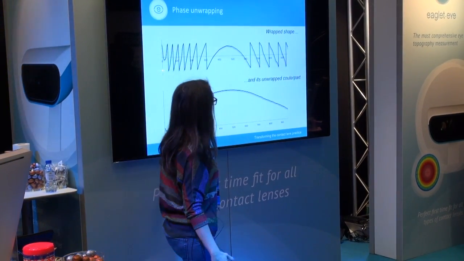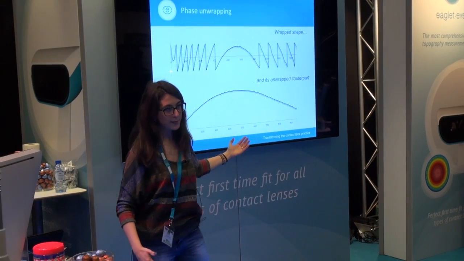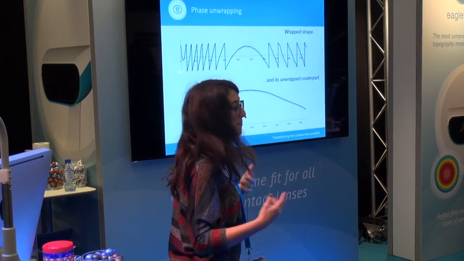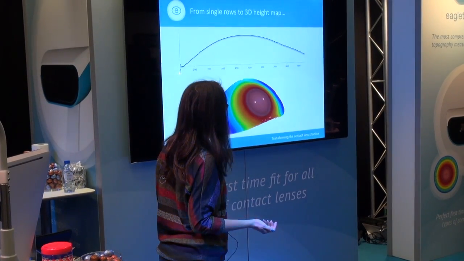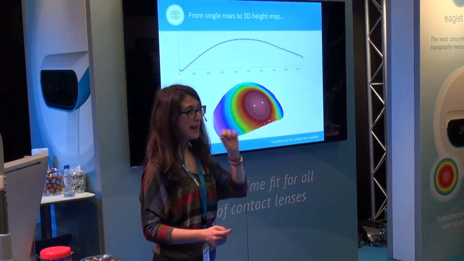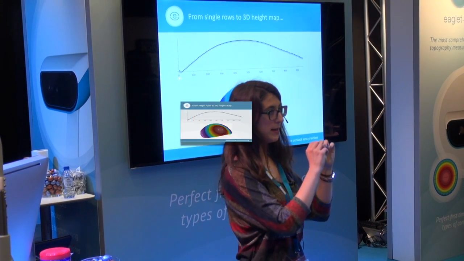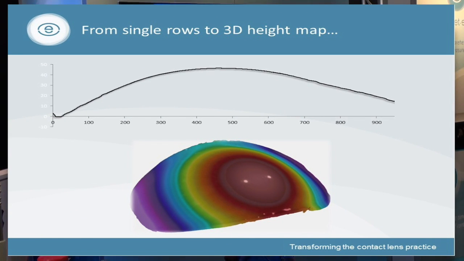And we get something like this, which is much more familiar. If we do this for every single row, remember that in the beginning I selected a red line, but if we do this for every line, we are able to reconstruct a 3D height map, and this is what we have.